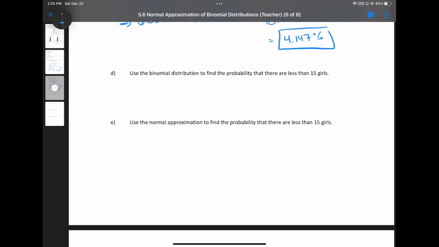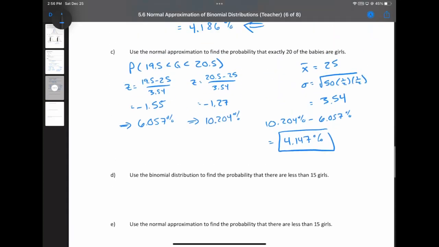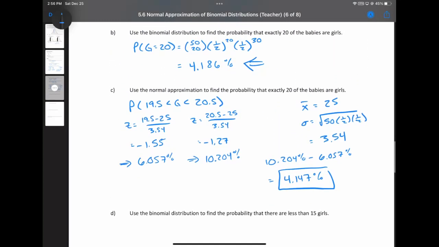If we do this one directly, we have to do the probability that there's 15, 16, 17, all the way up to 50 girls. So we have to do something like we did in part B, but about 35 times.